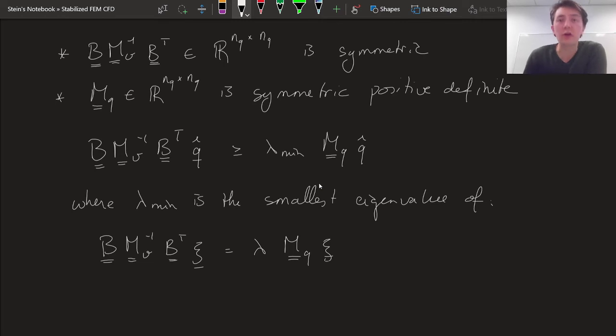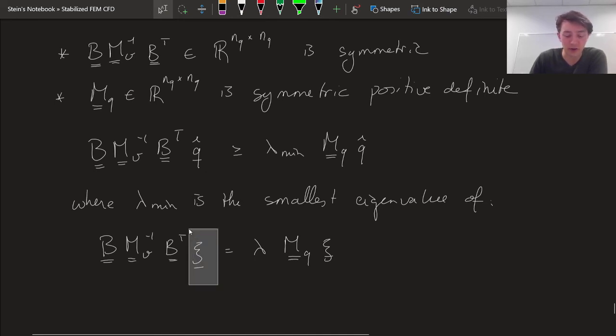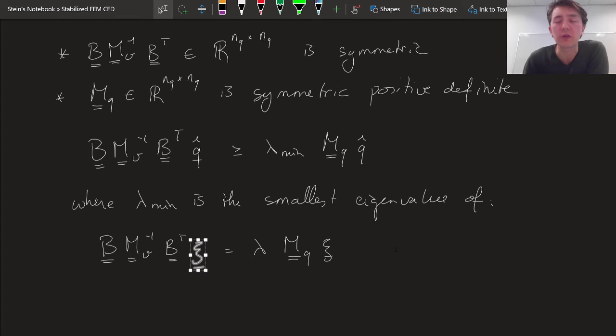I encourage you to think about why that is precisely yourself, but the key idea here is that due to the symmetry of these matrices, all of the eigenvectors are going to be linearly independent and are going to be orthonormal. Actually, that's the important property.